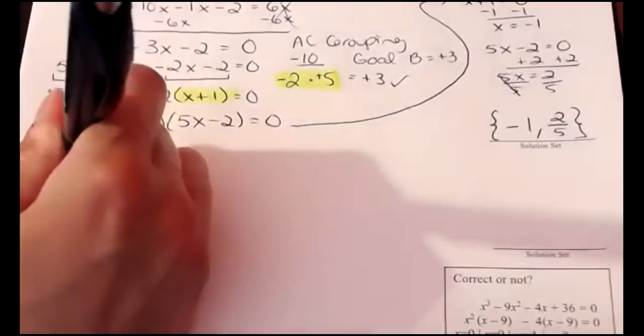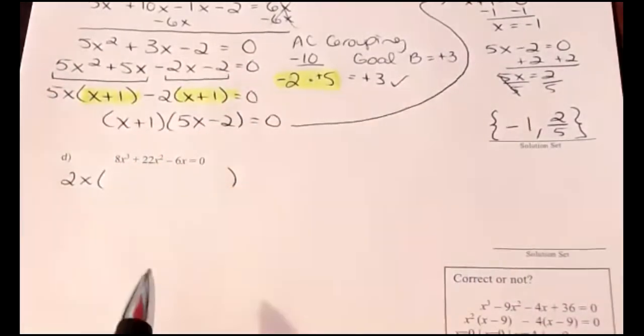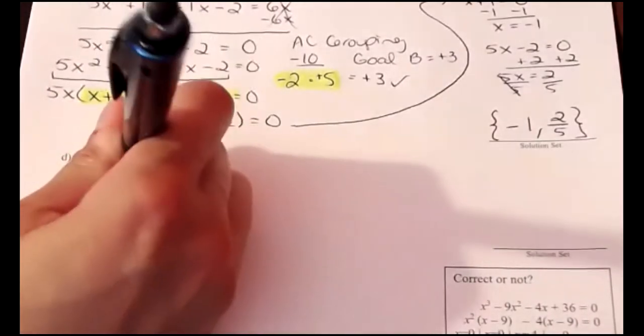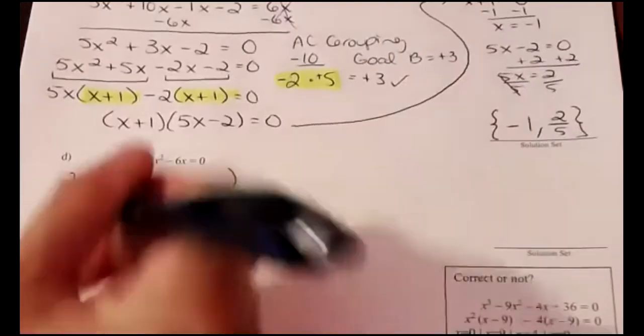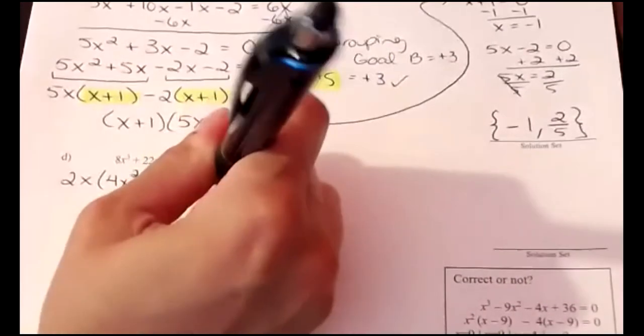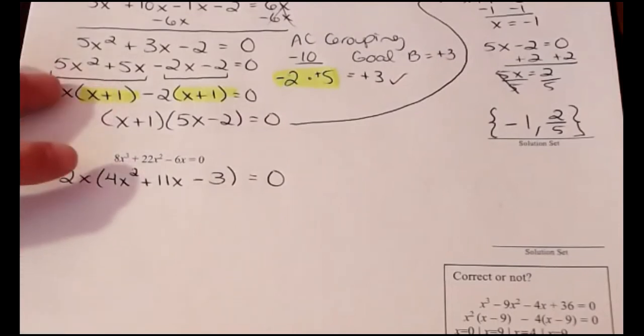Yes. Let's take out the 2x from these three terms. So if we factor out a 2x, that leaves us with 4x squared plus 11x minus 3 is equal to 0. Very, very nice. Please cover up the 2x.